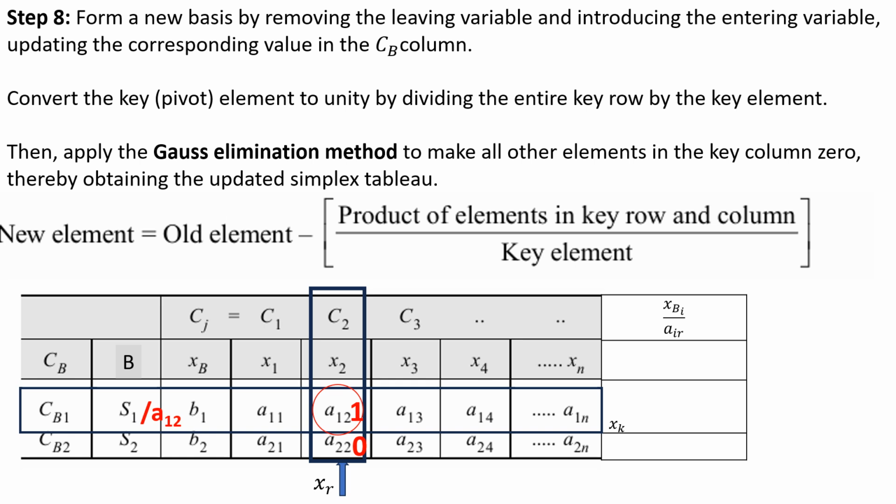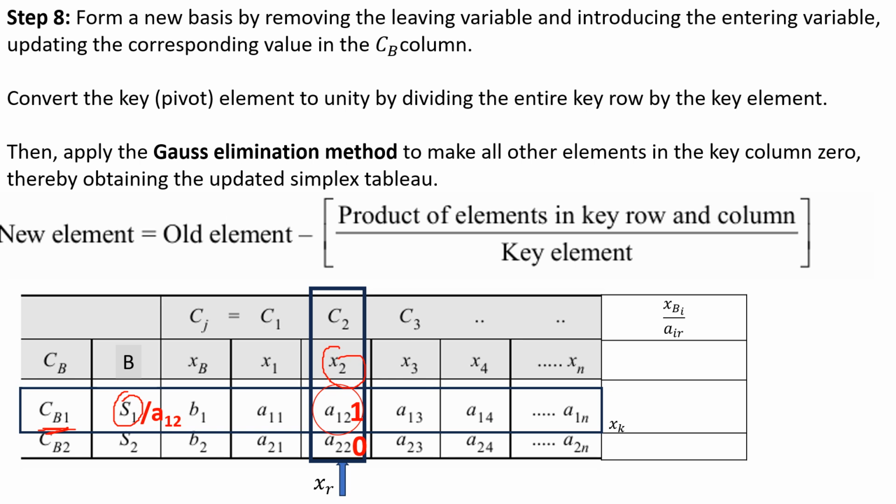Let's see the next step. In this step, we have to modify the basis variables, that is, form a new basis by removing the leaving variable and introducing the entering variable and updating the corresponding value in the CB column.